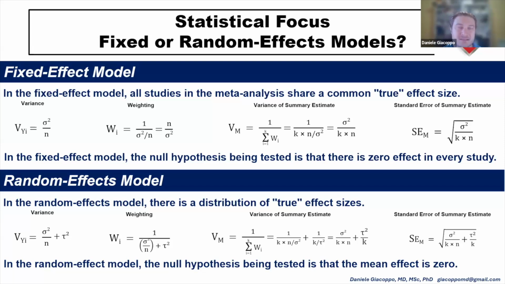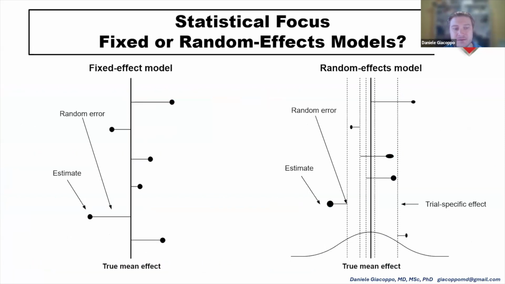So the null hypothesis being tested is that the mean effect is 0. And you can see here we have only a true mean effect for the fixed effect model, which is, I would say, something ideal.